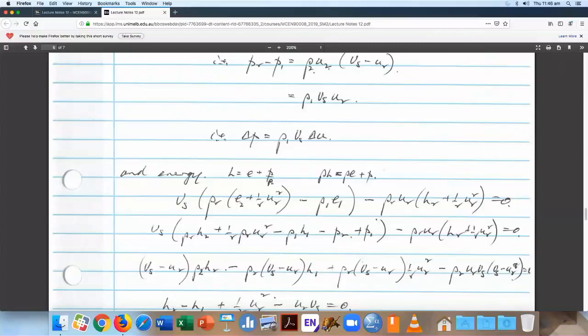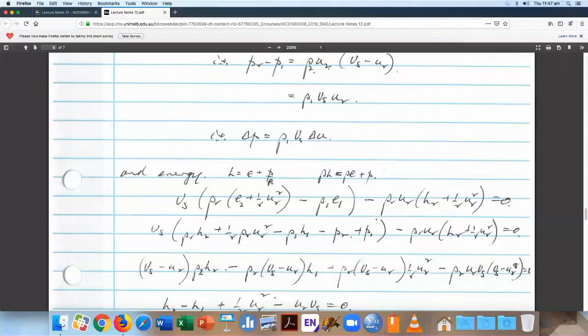I'm going to get this first term here. And the net flux of energy out is the only case will be minus rho 2 u2, minus rho 2 u2 because it's negative mass flux and it's carrying h2 plus a half u2 squared.